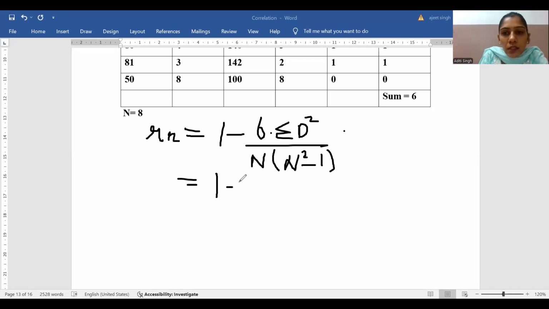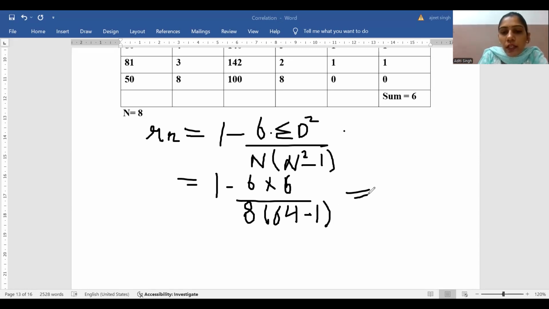1 minus 6 multiply sum of d square is 6. Okay, put the value here. Now divided by n is 8, and here square of 8 is 64 minus 1.